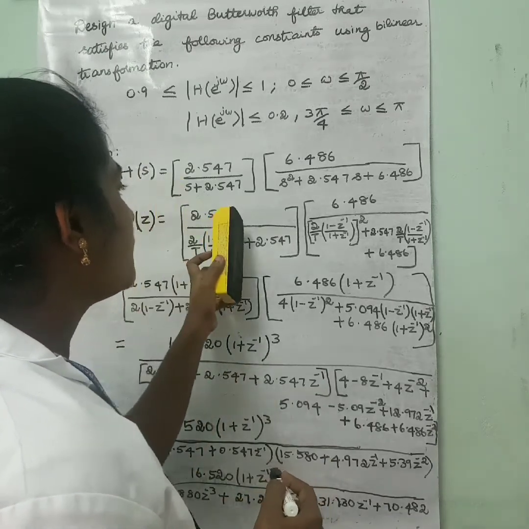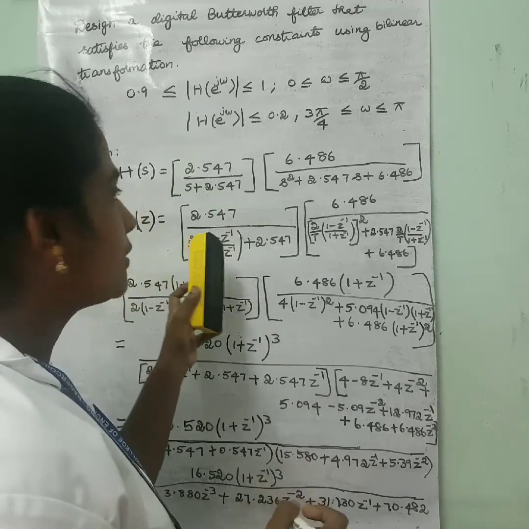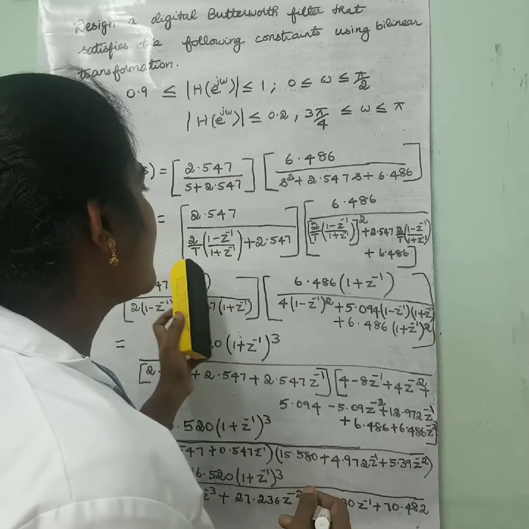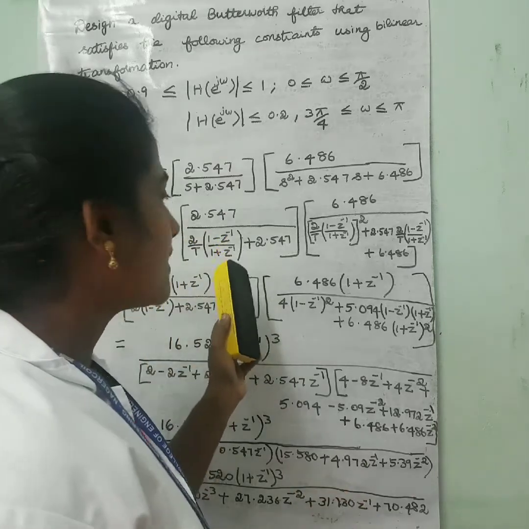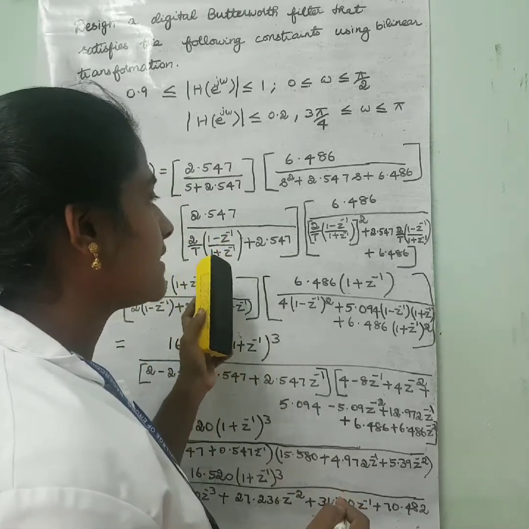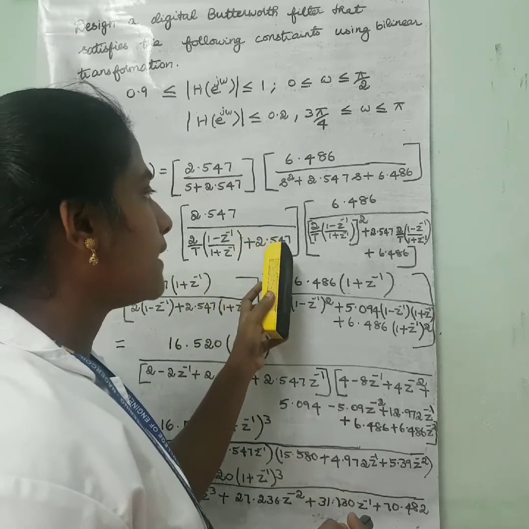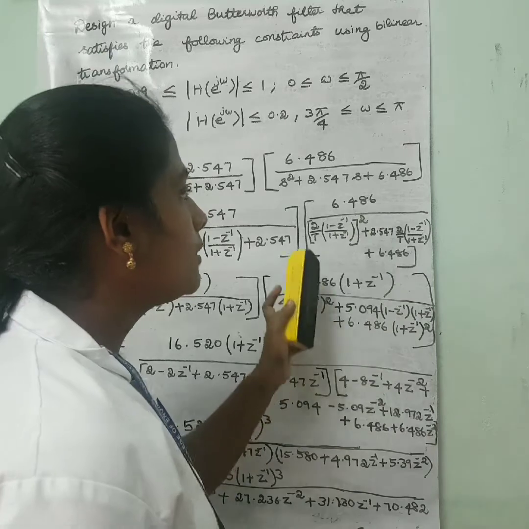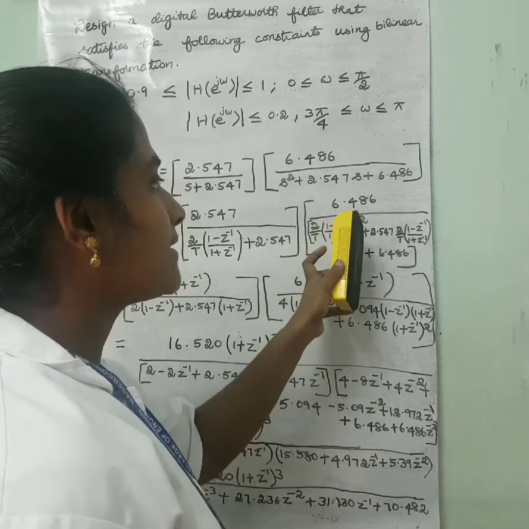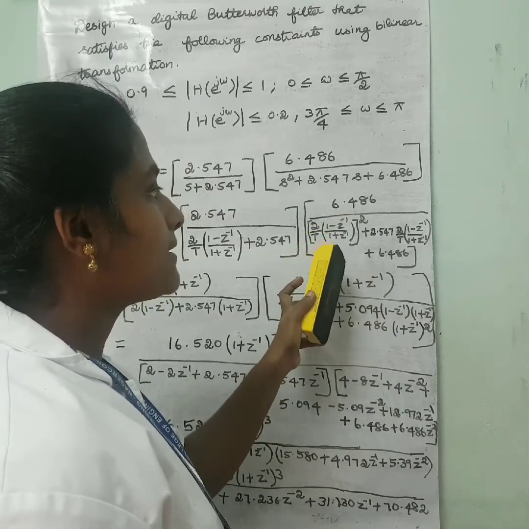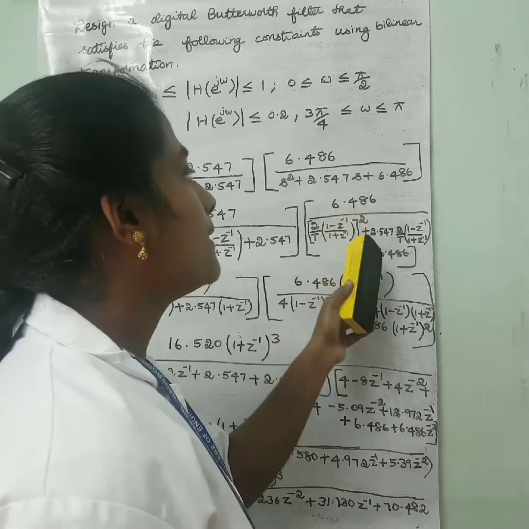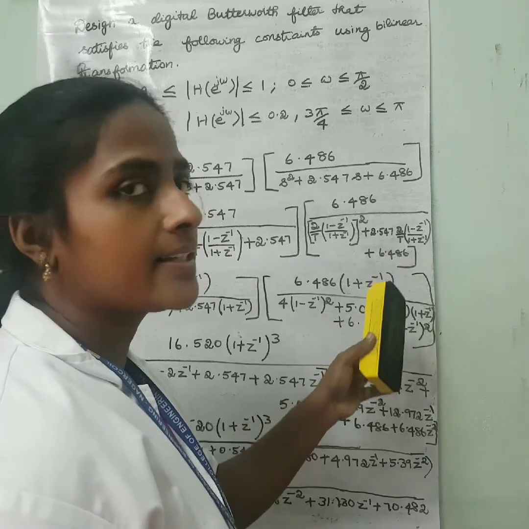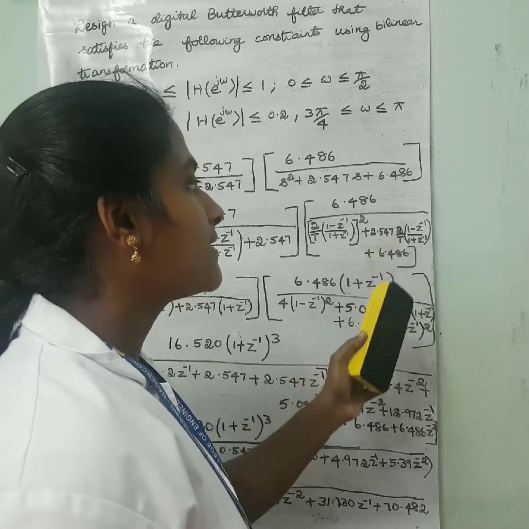So the equation becomes H(z) = 2.547 divided by (2 by T into (1 minus z inverse) divided by (1 plus z inverse) plus 2.547) into 6.486 divided by ((2 by T into (1 minus z inverse) divided by (1 plus z inverse)) the whole square plus 2.547 into 2 by T into (1 minus z inverse) divided by (1 plus z inverse) plus 6.486).